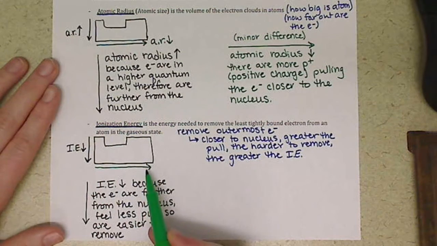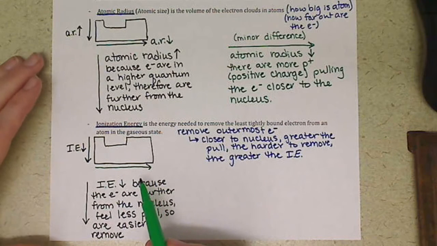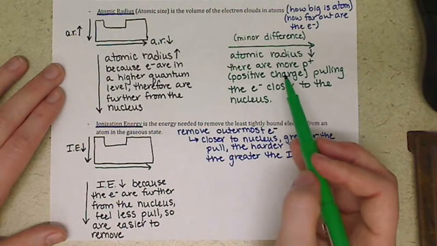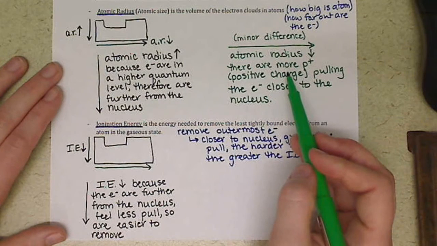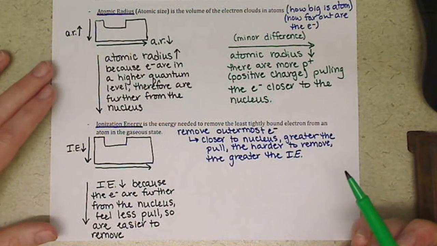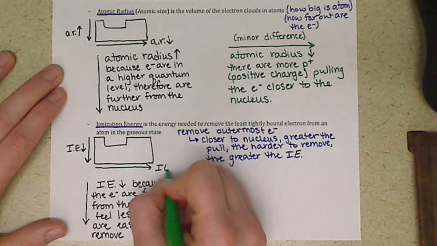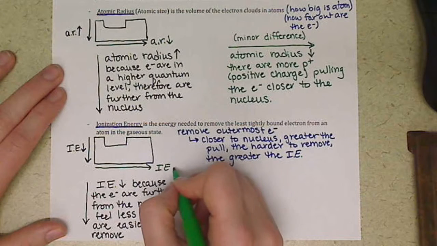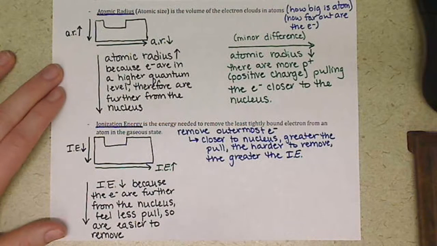Moving left to right on the periodic table, our electrons are getting closer to the nucleus because there's more positive charge. They're moving closer to the nucleus, they're feeling a greater pull, so they're harder to remove. So our ionization energy is going to increase.